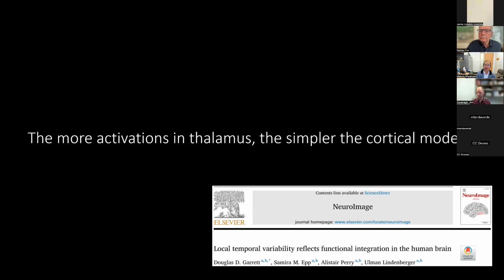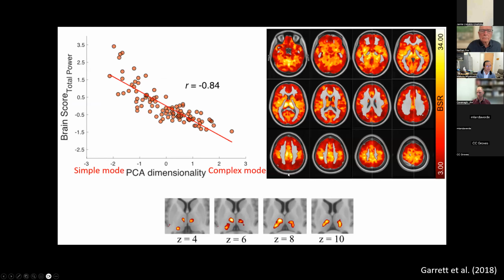So this is another example which I liked. This is an fMRI study, I believe, and they correlated specific thalamic region activations with the PCA dimensions of the brain states.